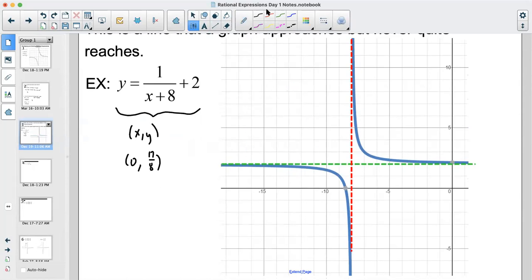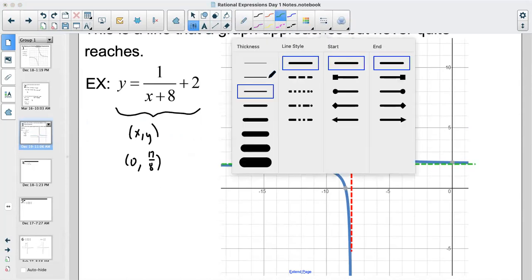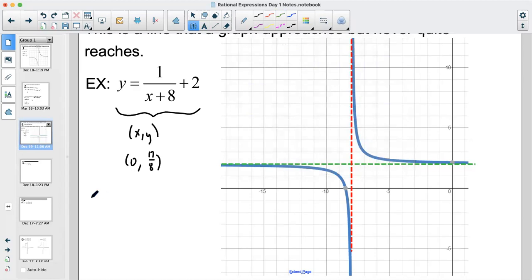Well, this green one, we call that a horizontal asymptote. And that's just an asymptote which is a horizontal line. And we can name this line. It's a horizontal line. It goes through y equals 2.